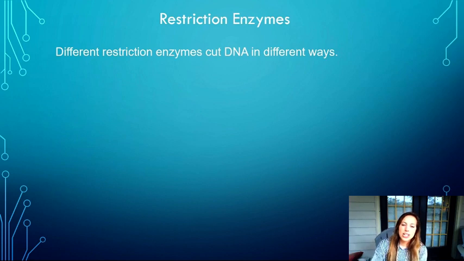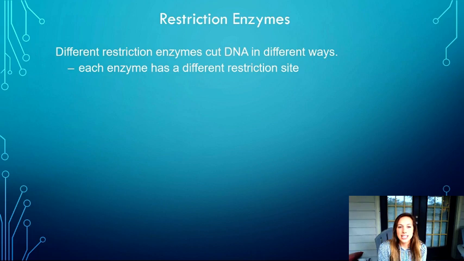Okay, so different restriction enzymes cut DNA in different ways. Each enzyme has a different restriction site. So this enzyme may cut at AACT, and the other enzyme may cut at GGCC. So they just have different sets that they're looking for, and that's where they'll cut.